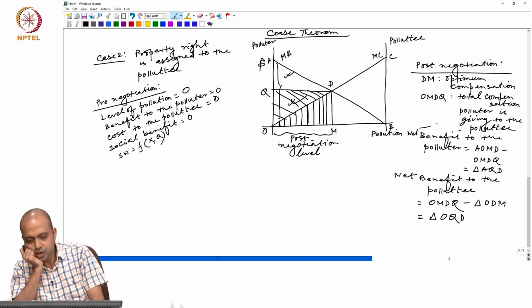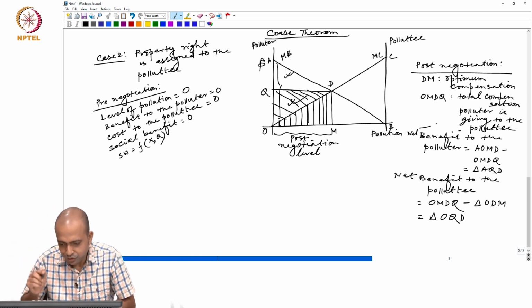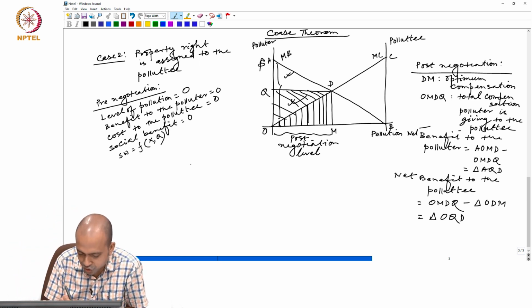So, I will say this is net benefit, this is also net benefit. Okay. So, one thing is very clear.